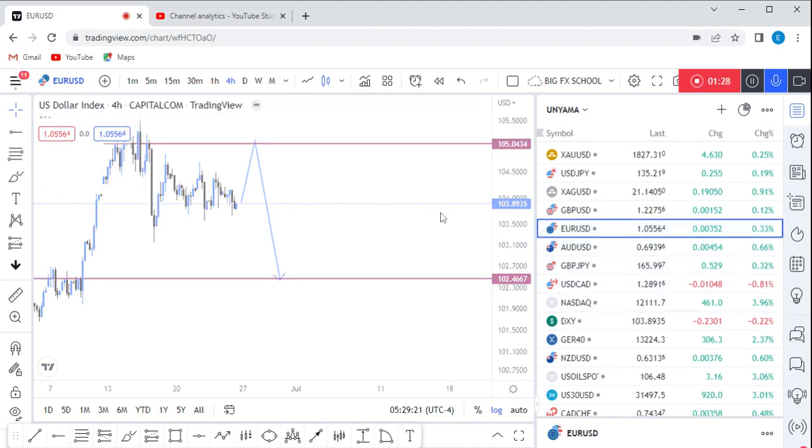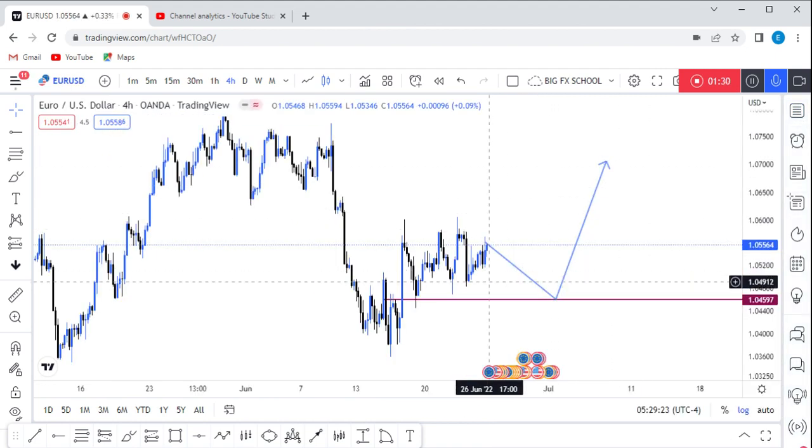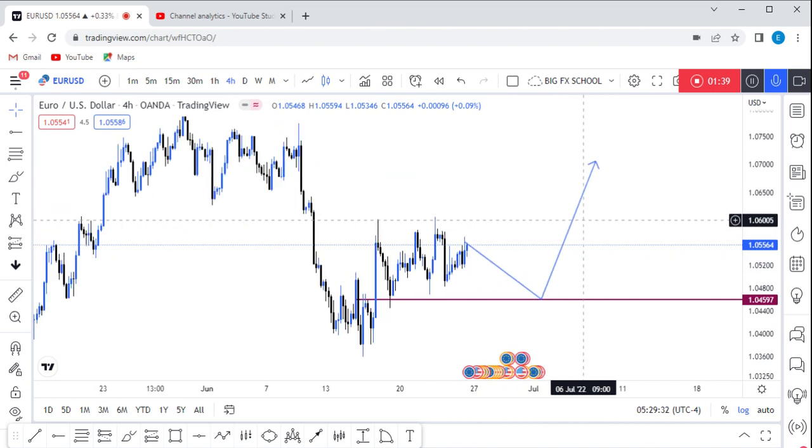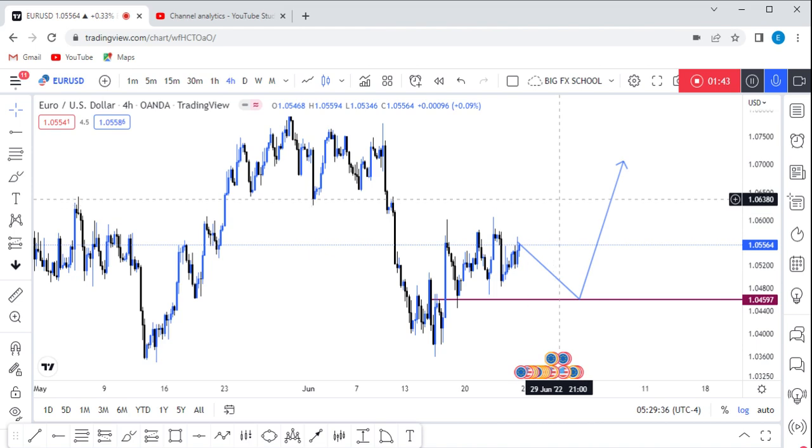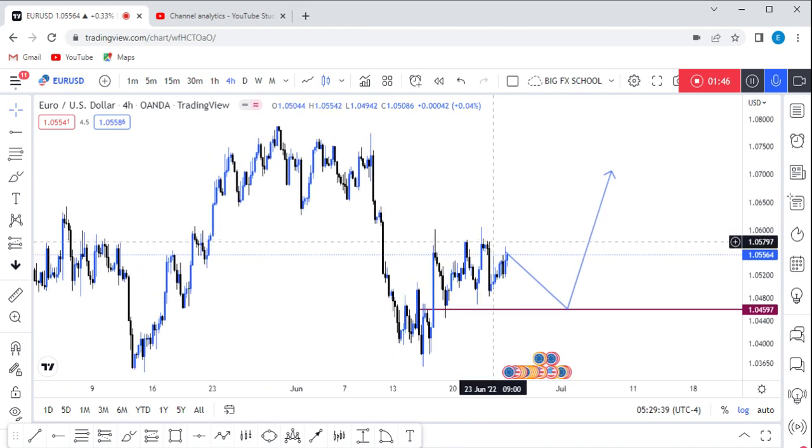EUR/USD. Since we have a selling dollar, we are expecting the euro now to be rising because the euro and the USD go in a vice versa way.